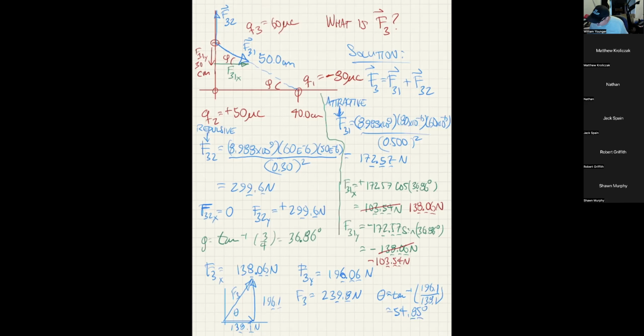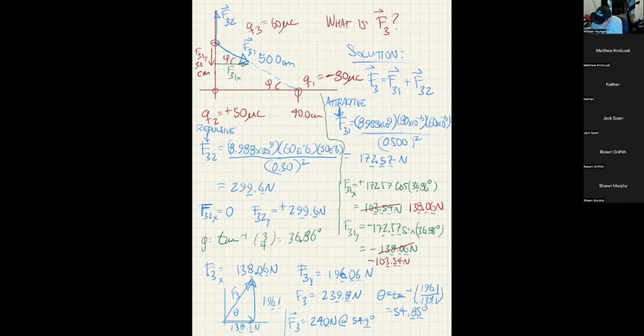Now that one I actually had two sig figs as well, so I really should be doing only that. So our F3 is in fact about 240 newtons at about 55 degrees.